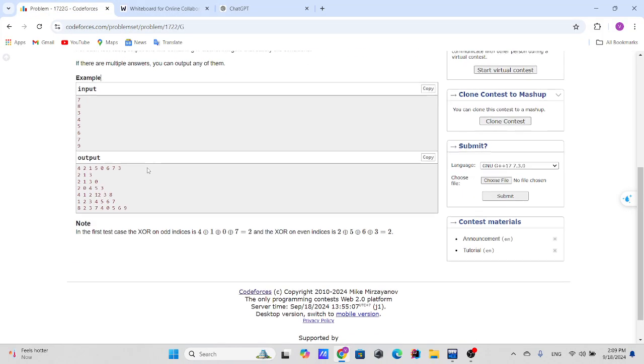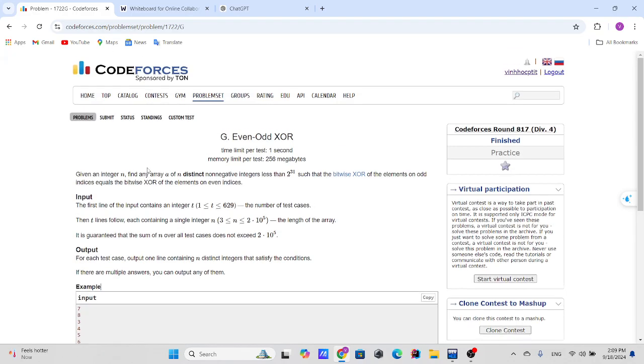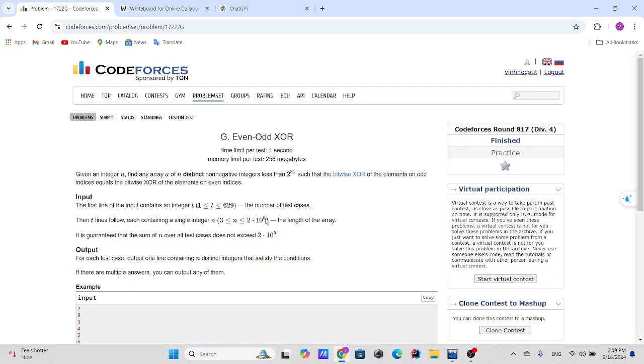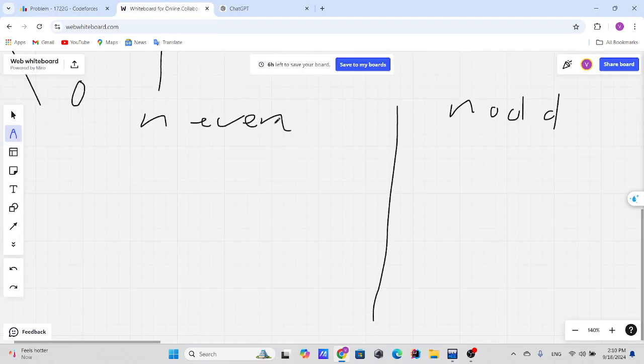How can we actually solve this problem? Bitwise XOR of the elements on odd indices equals bitwise XOR of even indices. We have this many numbers, so there must be a structure in order to optimize our numbers. Let me think about it real quick.